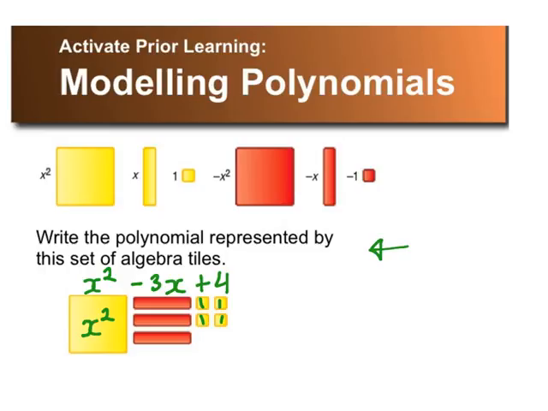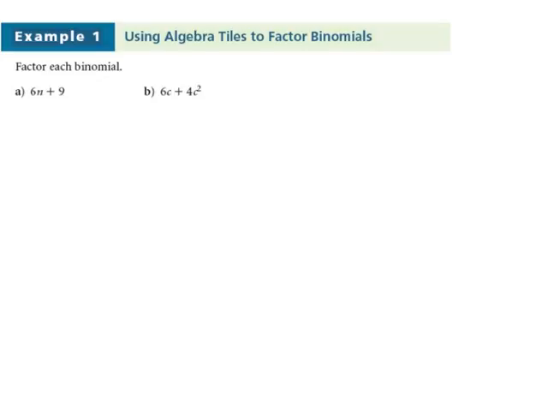Let's take a look at an example. In this example, we're going to be using algebra tiles to factor a binomial. What is a binomial? A binomial is a 2-term polynomial. What do you mean by 2 terms? Well, there are 1, 2 terms.